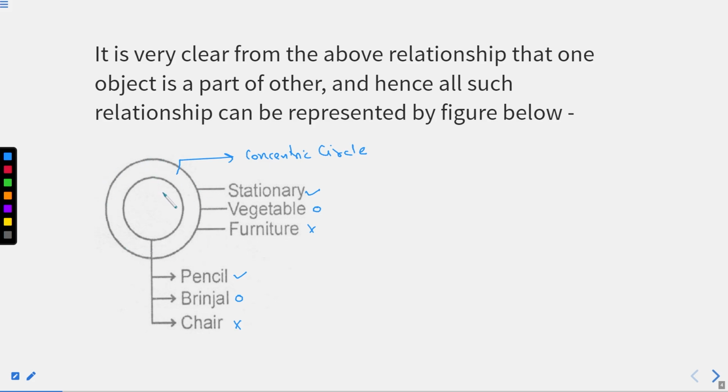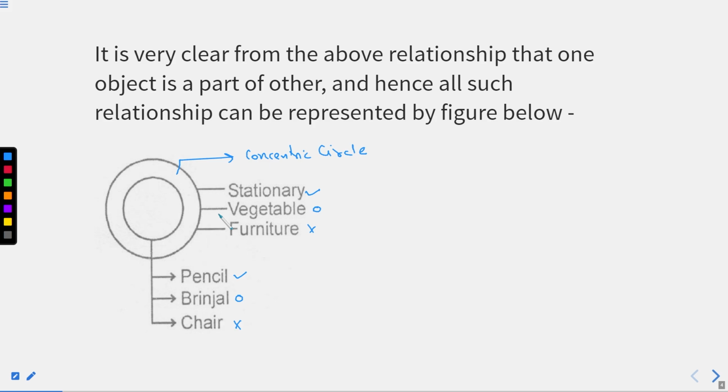This is the basic graphical, or Venn diagram, representation of these kinds of situations, right? So if I say vegetable, and I pick the name of any vegetable, let's say potato, then potato will also be there, right? So you are able to solve this question, right?